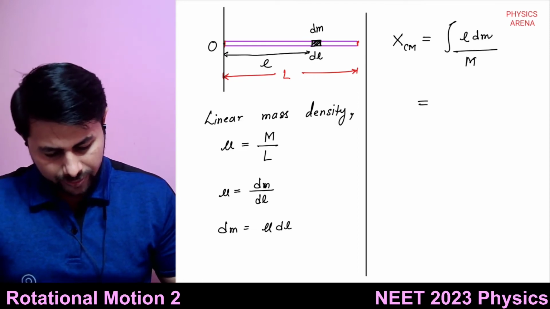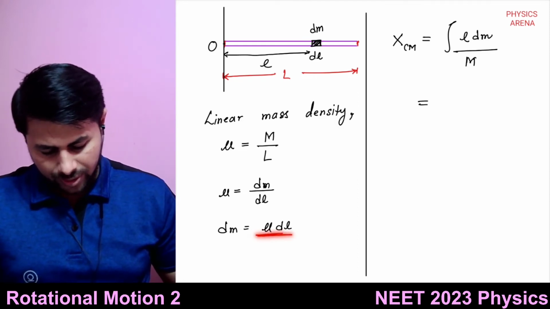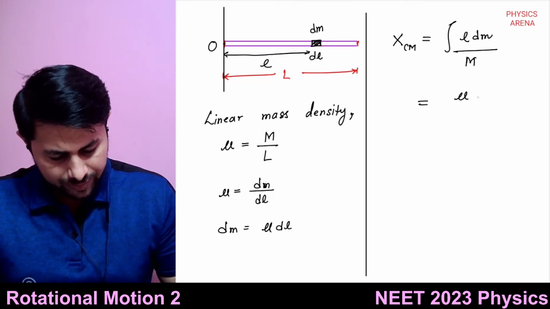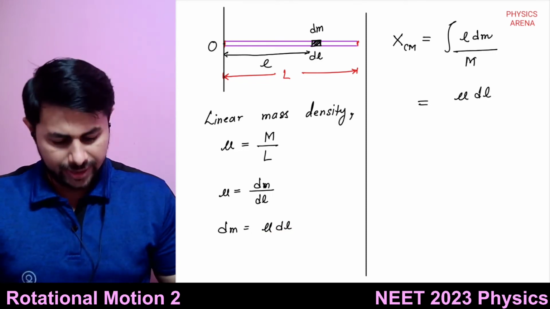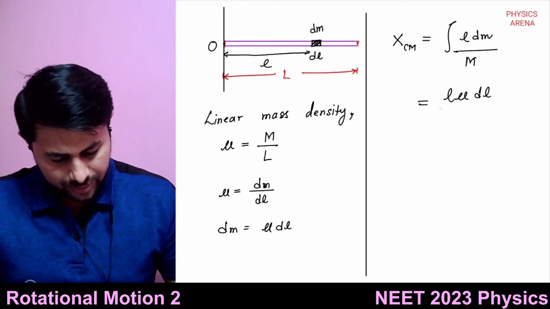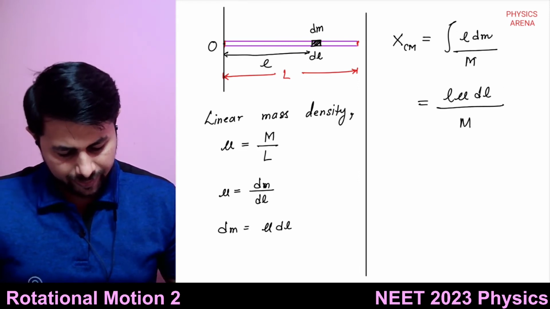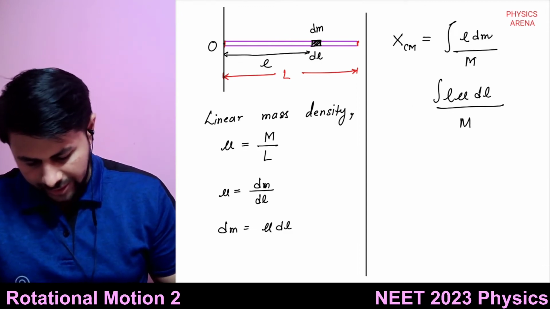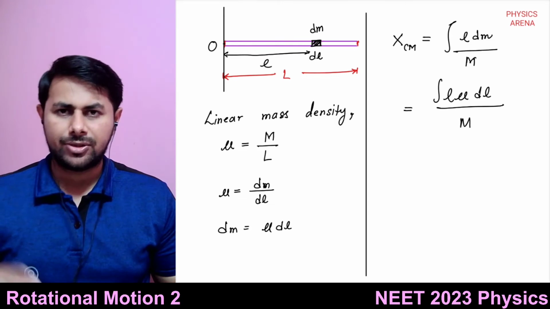Therefore we write dm equals mu times dl. This is dm multiplied by l, divided by m. Now, because we have only one variable, we can put limits of integration.